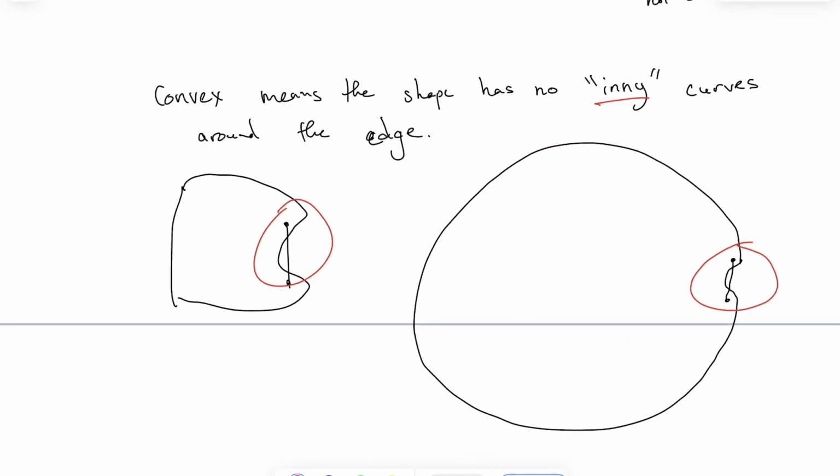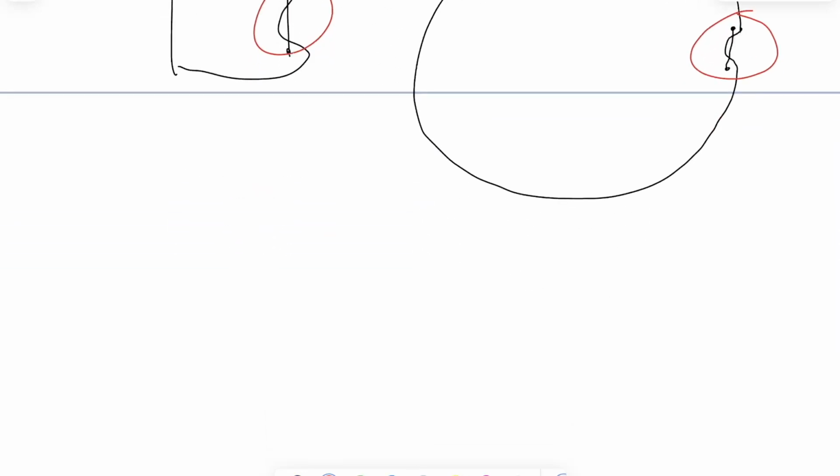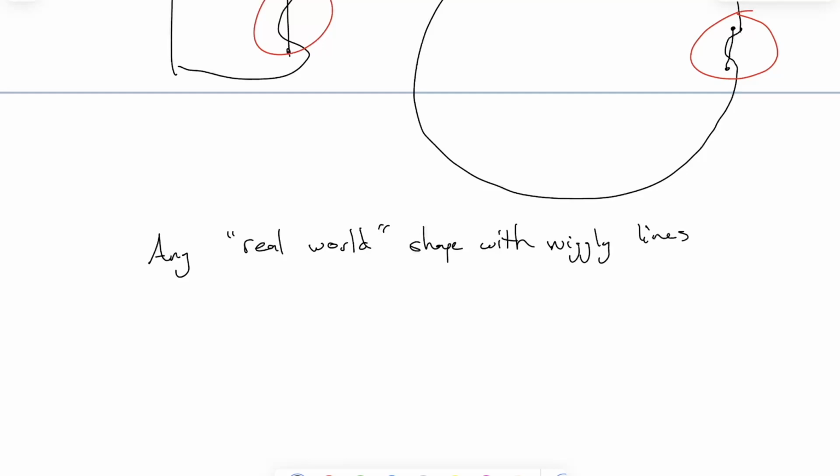I'm tired of saying the word innie so much. Basically, any sort of real world shape with wiggly lines will not be convex because of the innies.